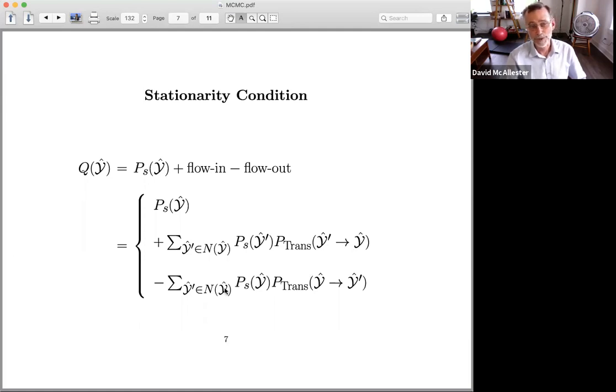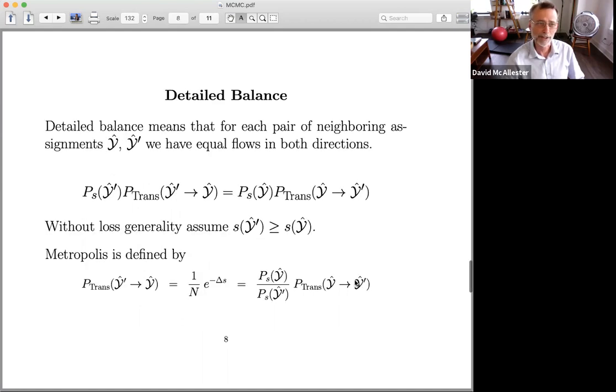And similarly, there's a flow out. The flow out is the sum over neighbor states of the probability of the state I'm in times the probability of moving out to that neighbor state. Okay, and what I'm going to show is that the flow in equals the flow out, and hence we're at a stationary distribution.